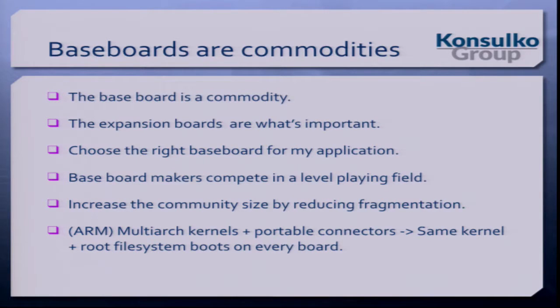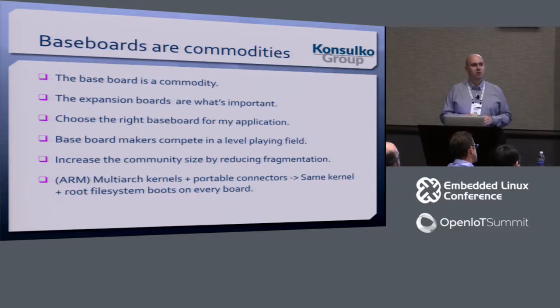What's really important is the expansion board and the application that you run with it. So why shouldn't I be able to switch boards easily and take all my work, plug it to a compatible board and make it work? And that's what PCI does, and that's what's sane actually.